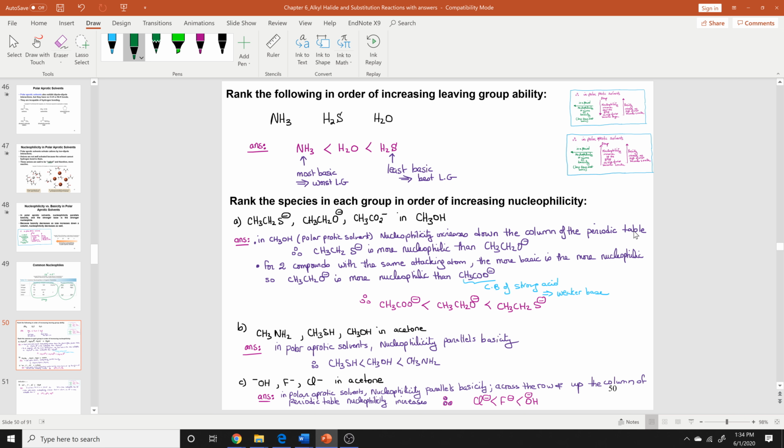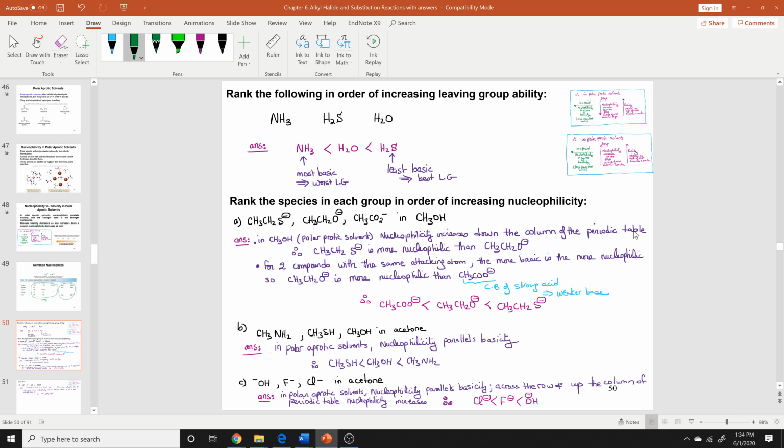Now I know that comparing sulfur and oxygen, sulfur is the least basic. So since sulfur is the least basic, sulfur is going to be the best leaving group. And then comparing oxygen to nitrogen, nitrogen is the most basic, so it's going to be the worst leaving group.